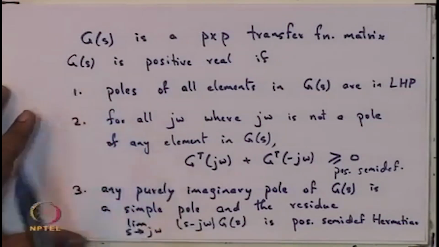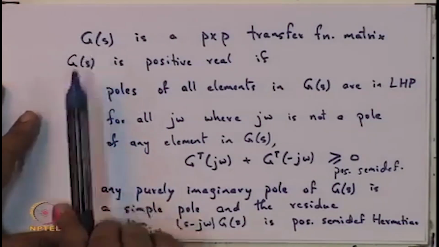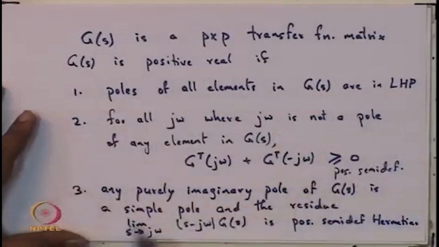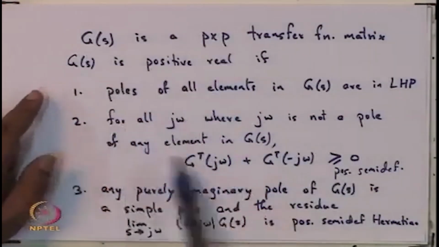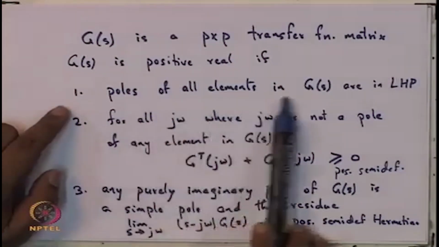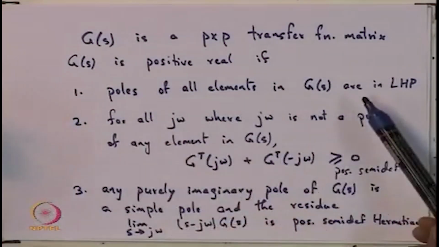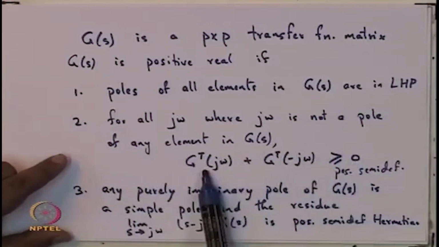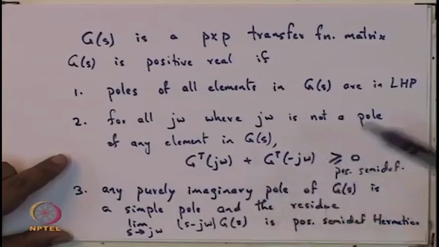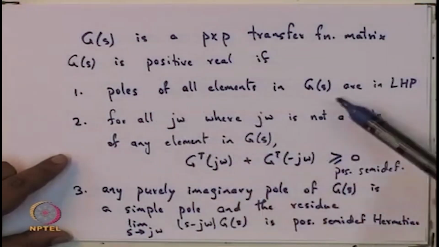So, the definition for positive realness is this. Now, if you just specialize, you take G of S to be a 1 cross 1 transfer function. Well, the poles are all in the left half plane, as we had said before, and this is the Nyquist criterion condition. So, the Nyquist plot in the first and the fourth quadrant, and this one is the stability.